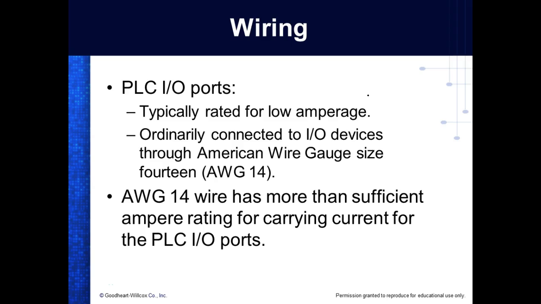Ordinarily connected to 14 gauge wire. 14 gauge wire has more than a sufficient amperage rating for carrying current from IO devices in the board. NEC rates it at 15 amps. It can run like 30 amps, but NEC rates it at 15.